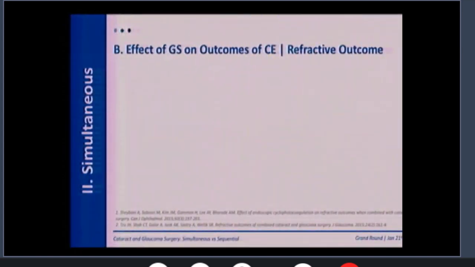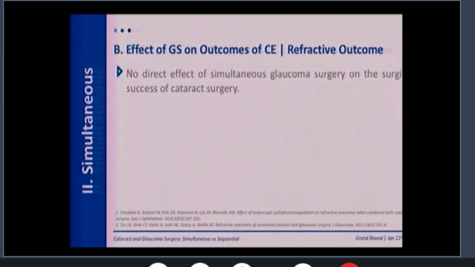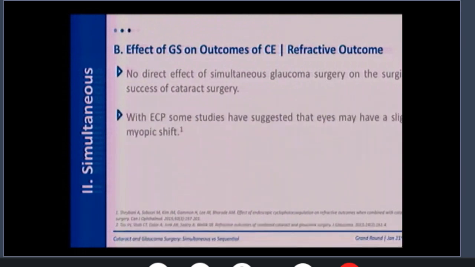So now we're going to be talking about the other part, which is what effect the glaucoma surgery itself has on the cataract surgery. So there's no direct effect on the success of the cataract surgery itself. You wouldn't expect more PCR or more dropped lenses if you do simultaneous surgeries. But the only issue is with the refractive outcome itself.